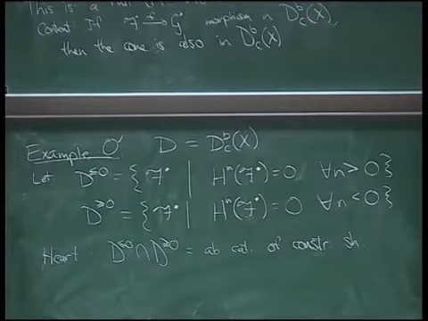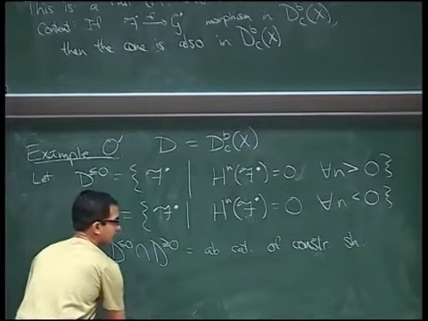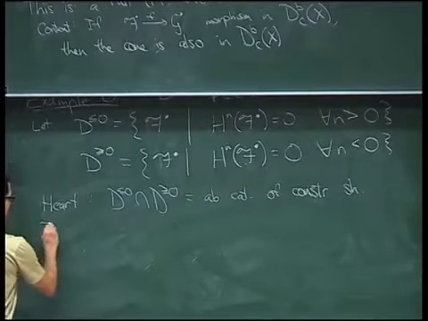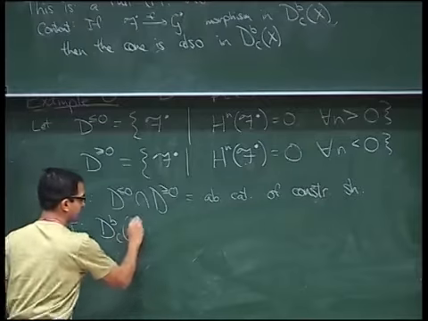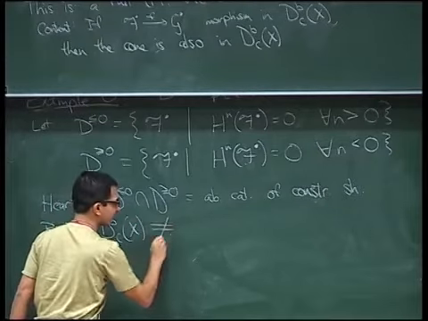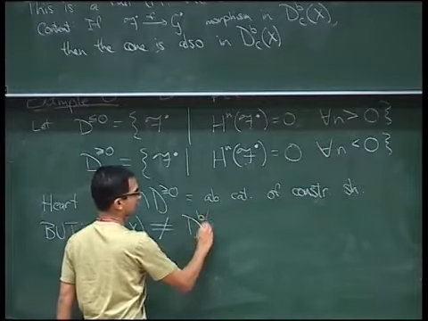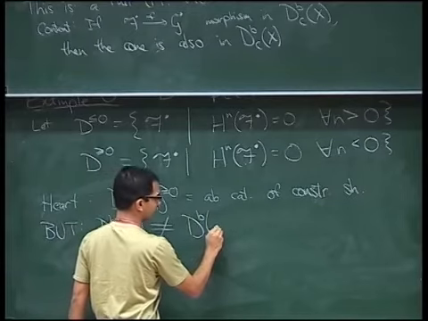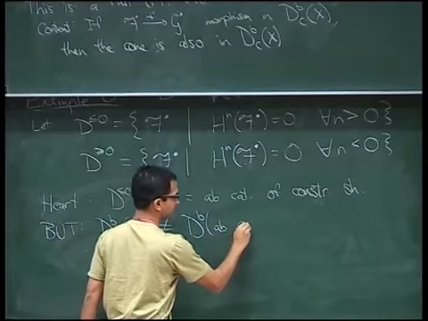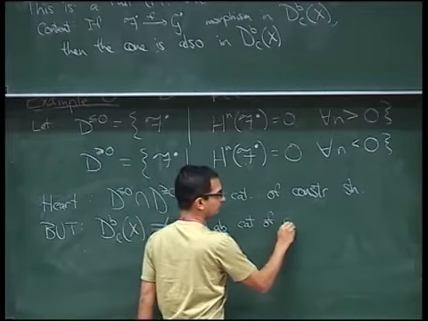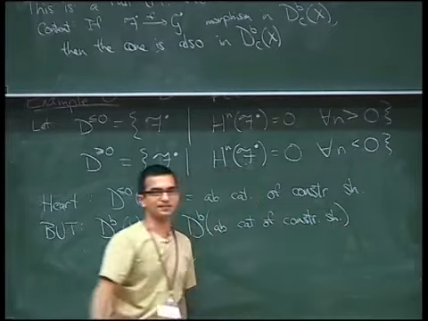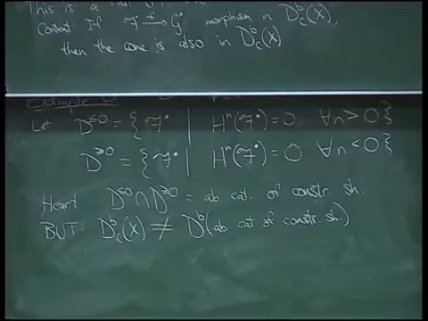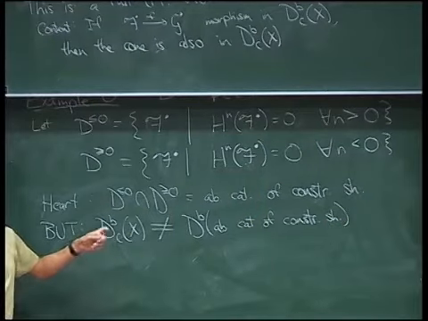The difference is that DbcX is not the derived category of the abelian category of constructible sheaves. This is actually one of the exercises on my webpage for today, to show this in a specific example.